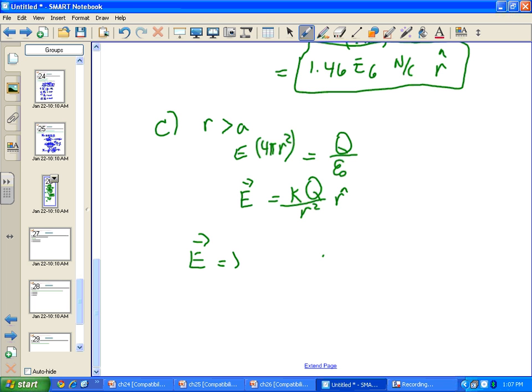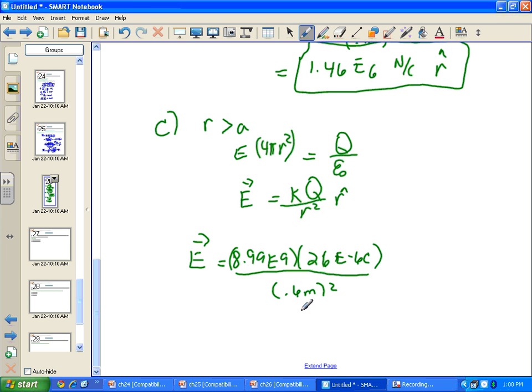E equals 8.99 e to the 9 times 26 e to the minus 6 coulombs, divided by the radius of the Gaussian surface, which is 0.6 meters squared.